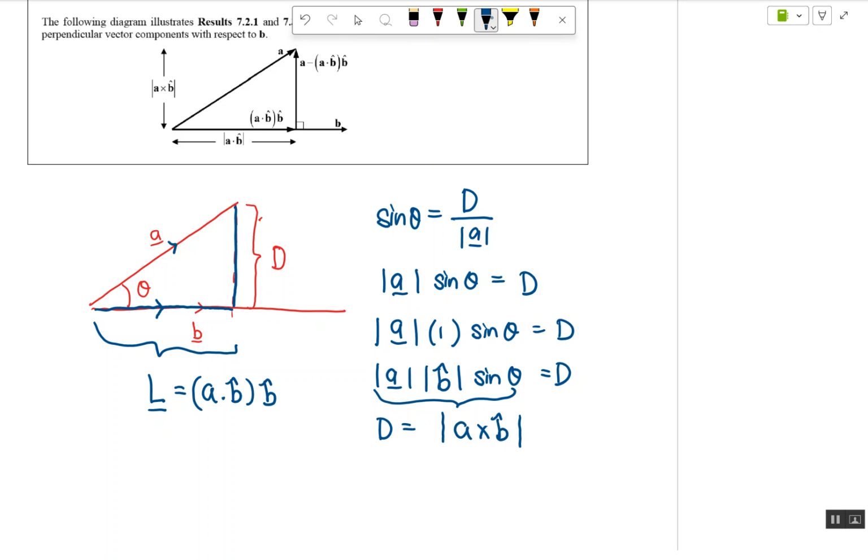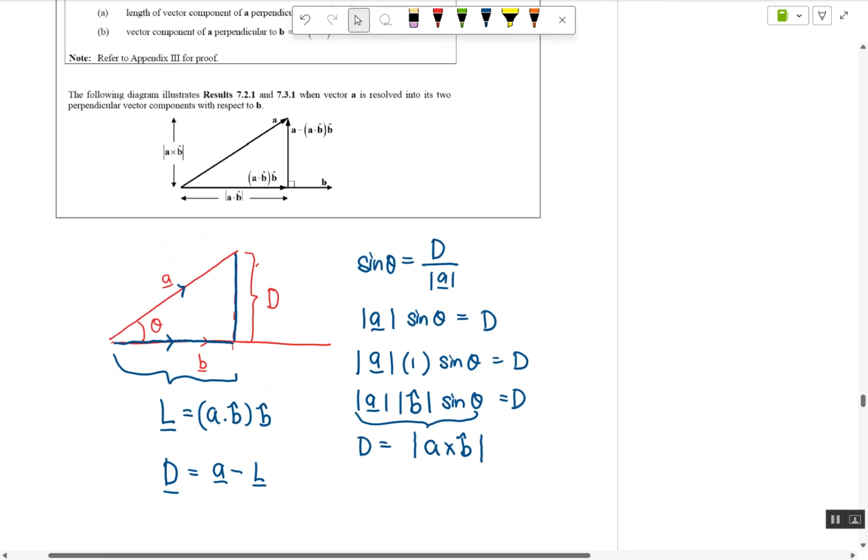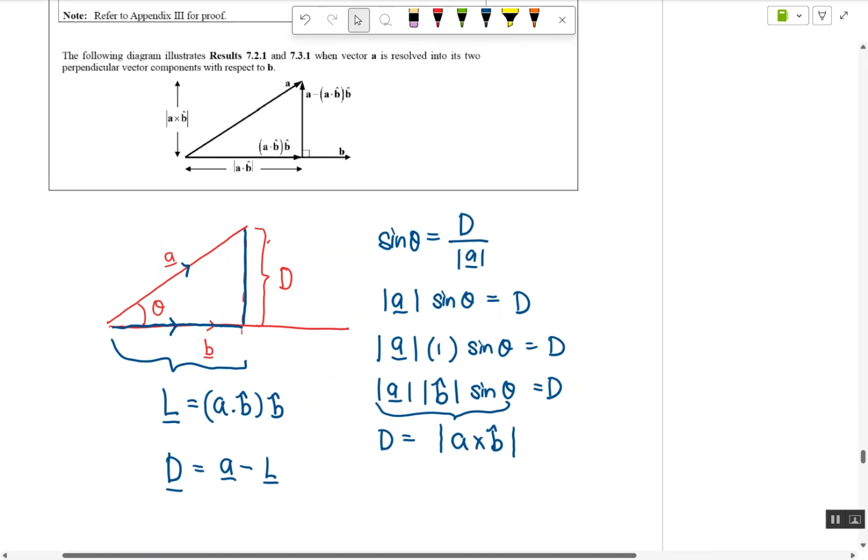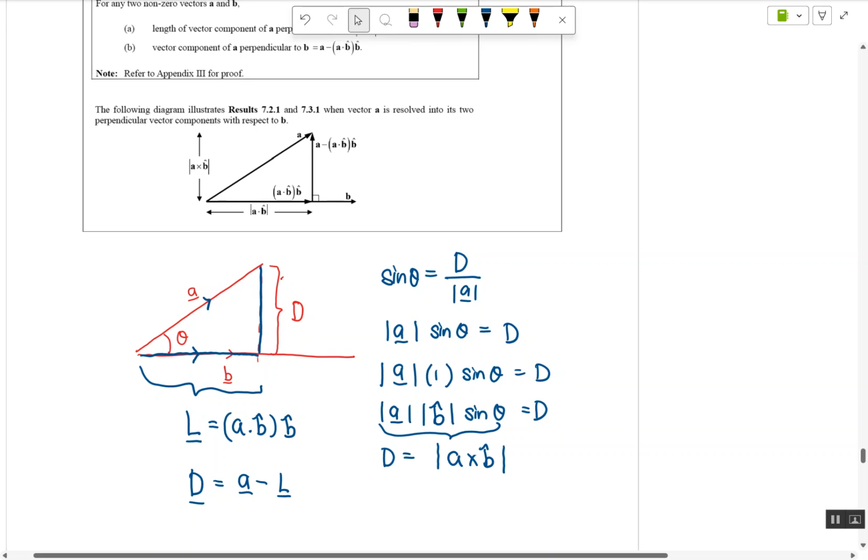This is my A. So if I want D as a vector, that would be A minus L. So just remember to get this, it's called A minus L. And this is how we use the dot product to find the projection vector and projection length, and the cross product to find the perpendicular distance and the vector component of the perpendicular vector.